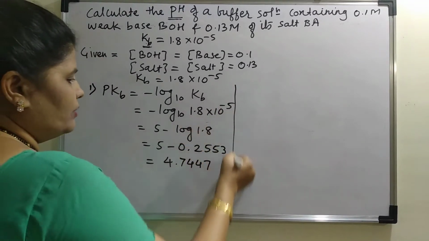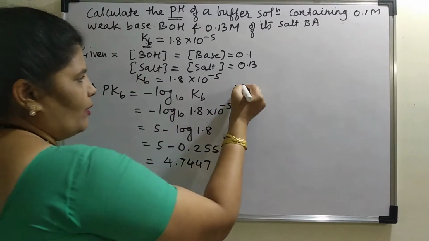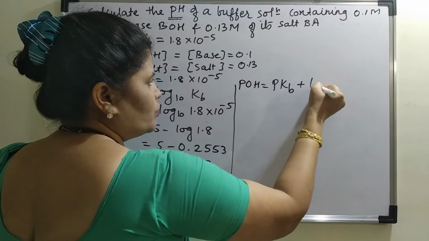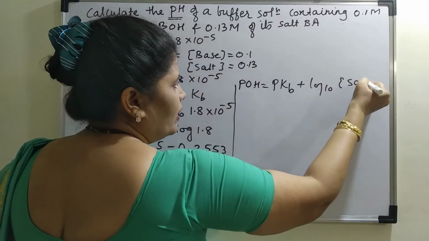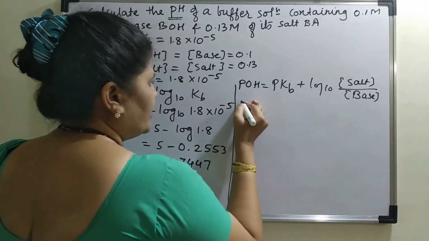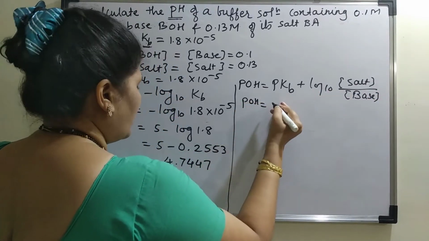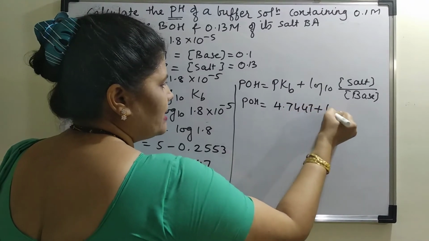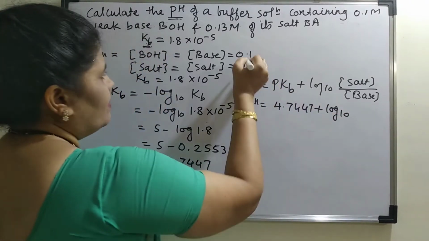My second calculation will be the pOH calculation. So pOH is equal to pKb plus log to the base 10 of salt upon base. So pOH is equal to 4.7447 plus log to the base 10 of, take the values here.